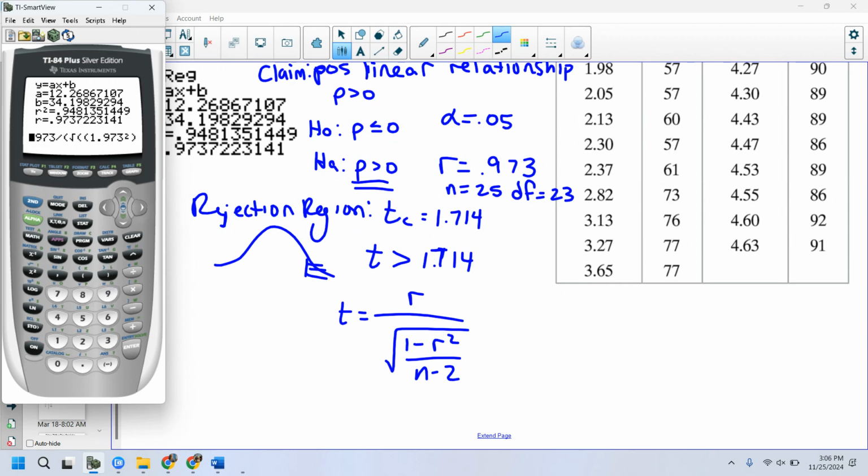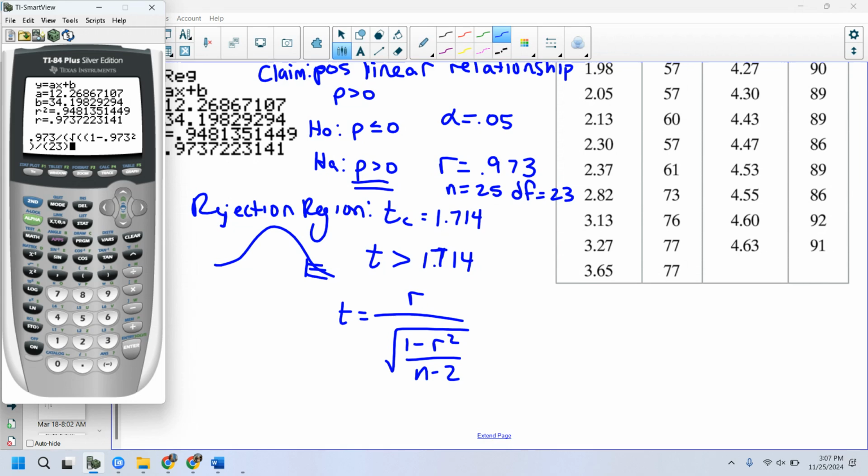Oh, there's a decimal. I lost my minus. Hold on. Insert a minus. 1 minus 0.973 squared, good, there we go, divided by n minus 2, my degrees of freedom.